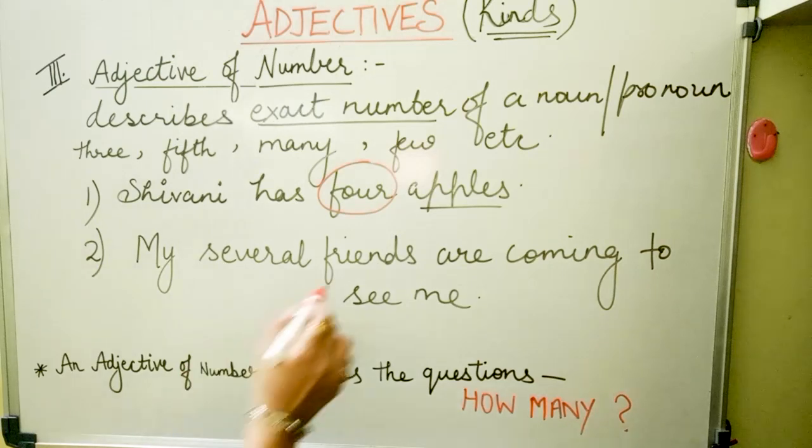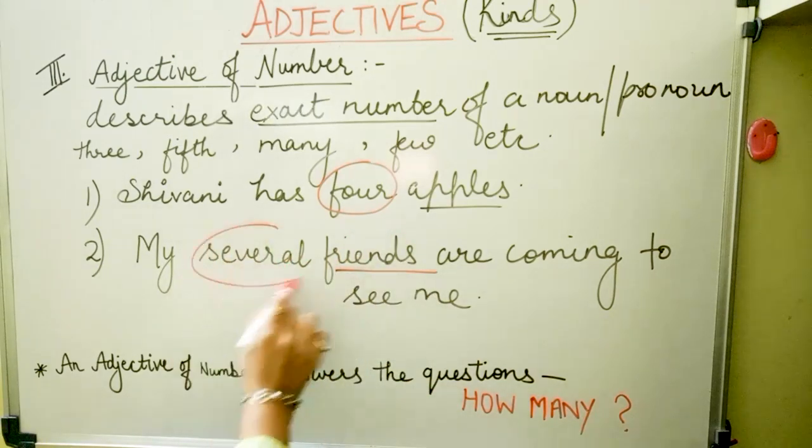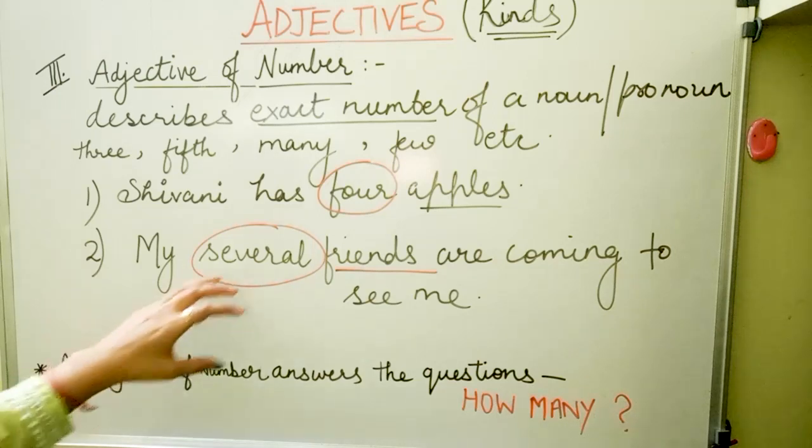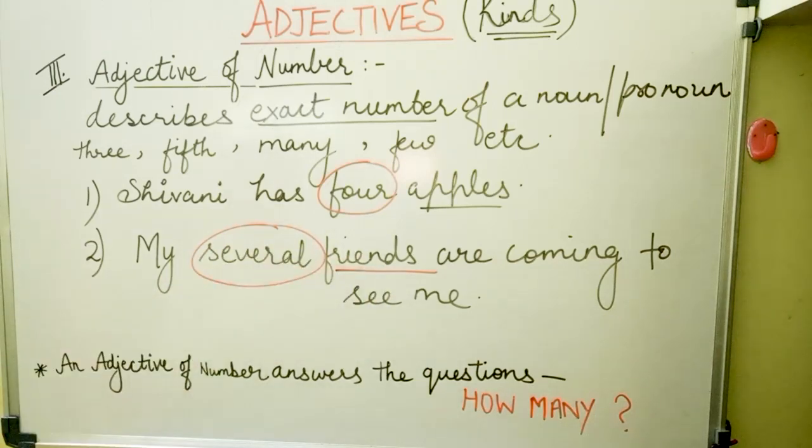Now here, friends is a noun and before this noun, we have used the adjective of number several. Children, several is an amount that is not exact but fewer than many. It is less than many but not an exact amount. So several friends are coming to see me. So several is an adjective of number.